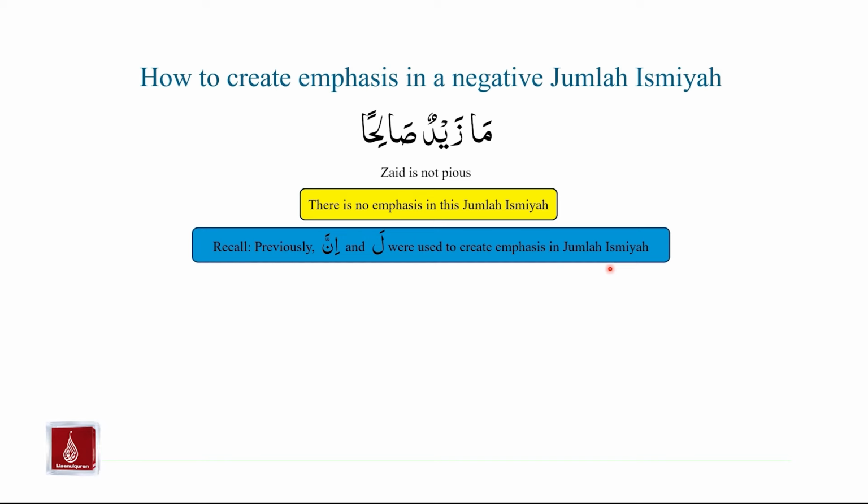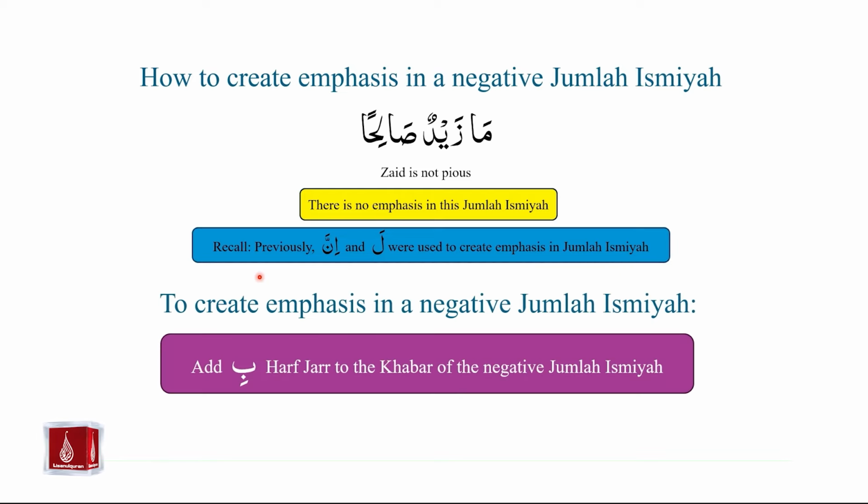In that case, we had the example of Zaidun Salihun and we added inna and lam ta'kid to create a jumla like inna Zaidan la Salihun. To create emphasis in a negative jumla ismiya, we need to add ba harf jar to the khabar of the negative jumla ismiya. Let us study some examples of how to do this.